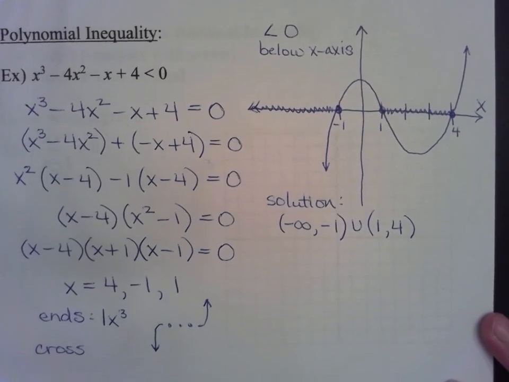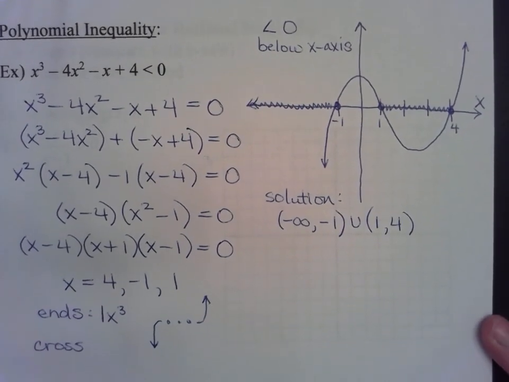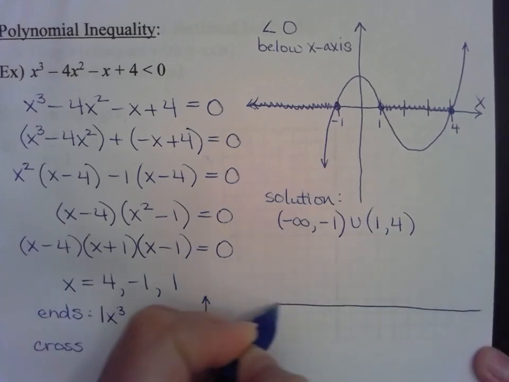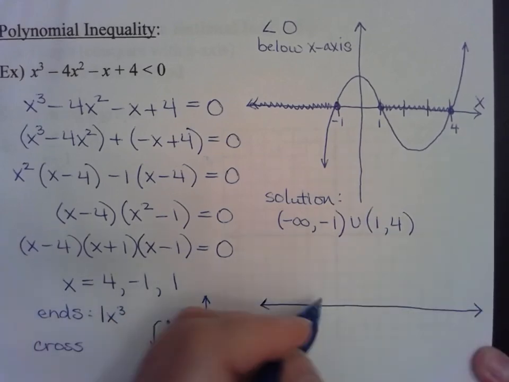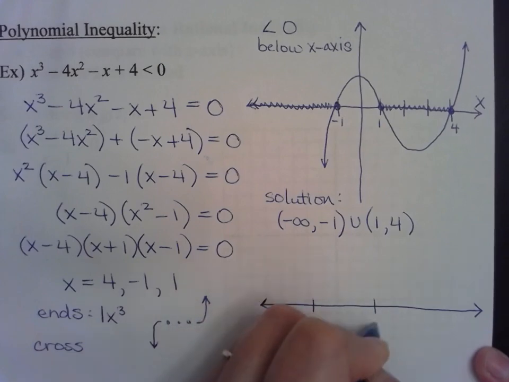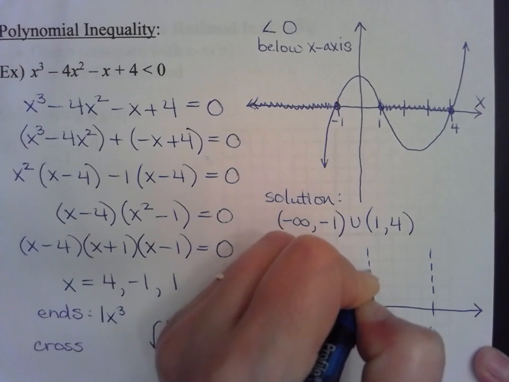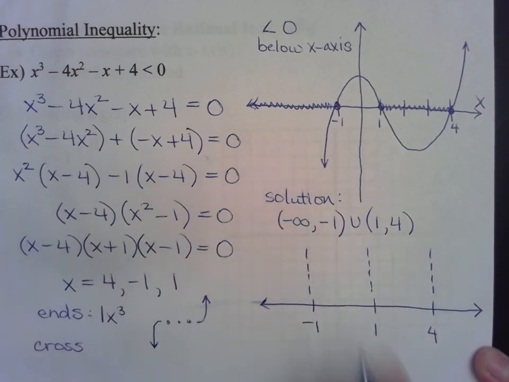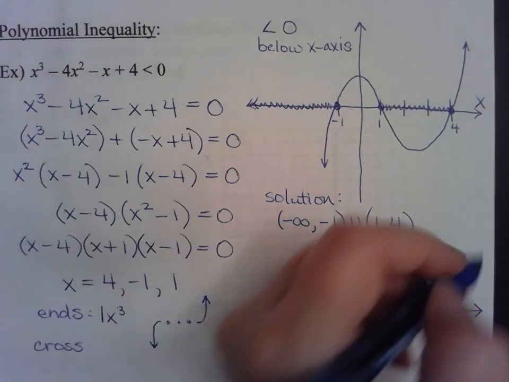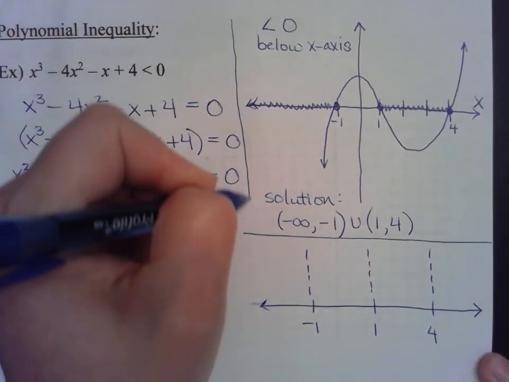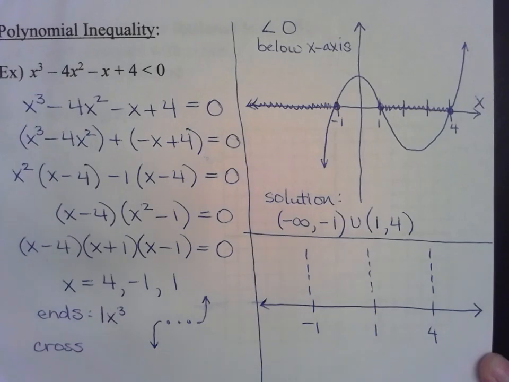All right, now let me draw the number line for you so you can see how that would match up. I'm going to put -1, 1, and 4 on the number line. And then we're going to test values in each region.